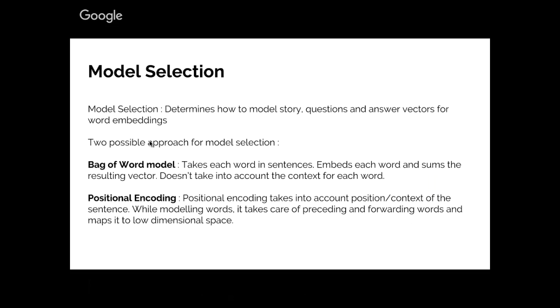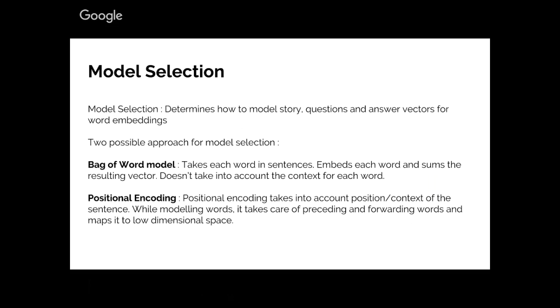So model selection really comes into the picture. We have two possible approaches for model selection. Firstly, for whatever sentences we have, we pick the words and embed them, and we come out with resulting vectors that don't take the context of every word into account.